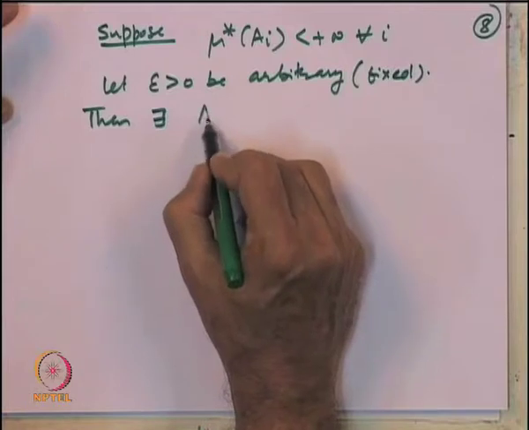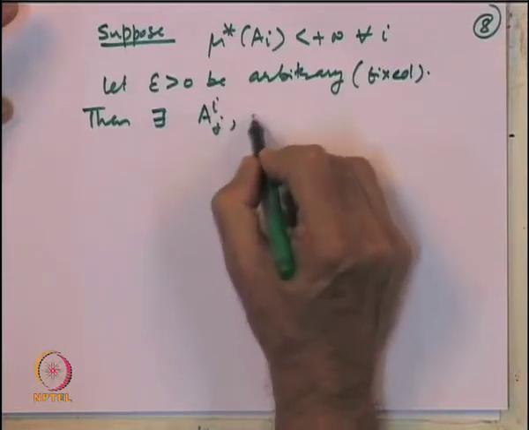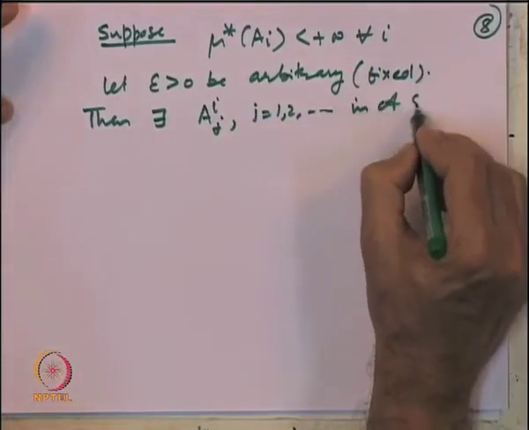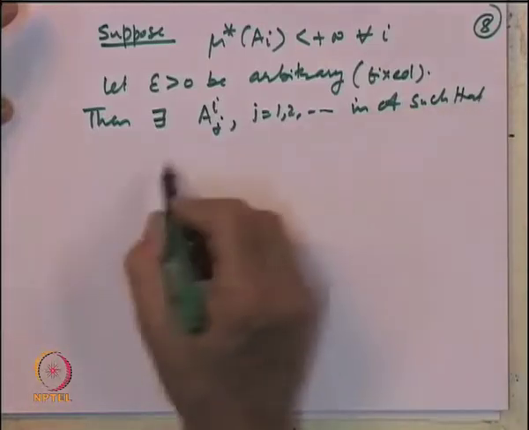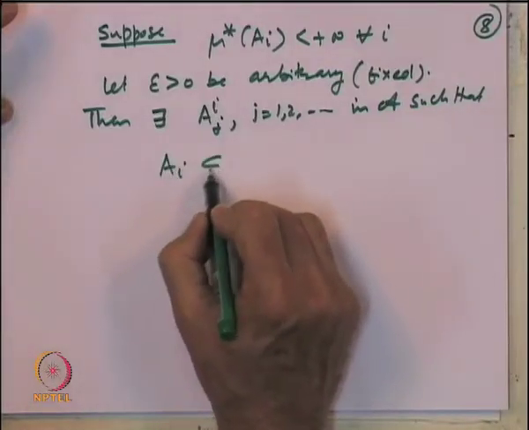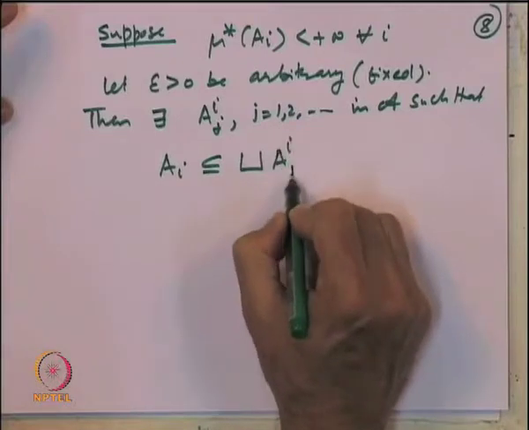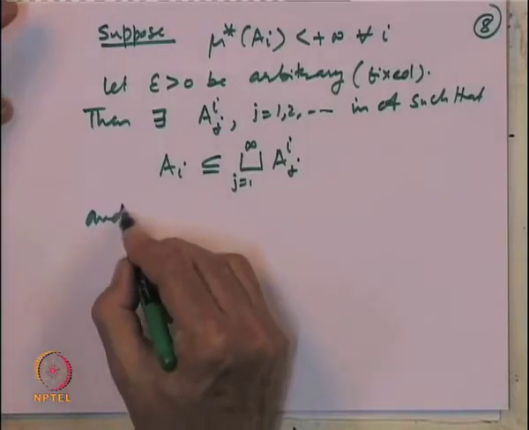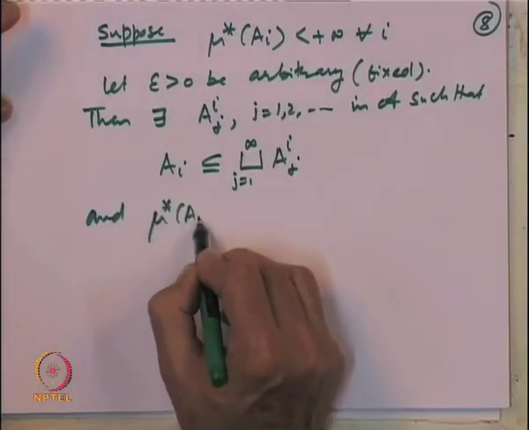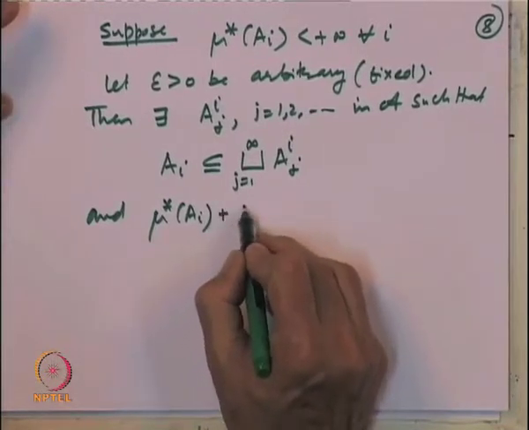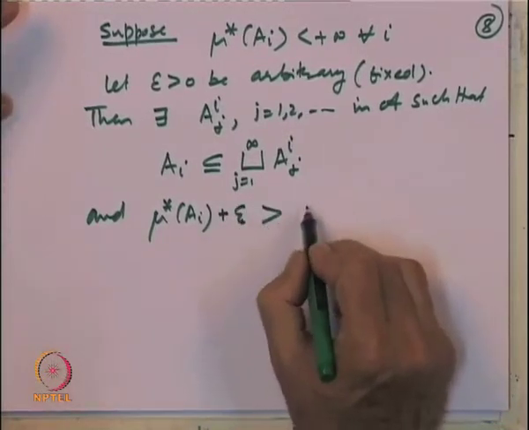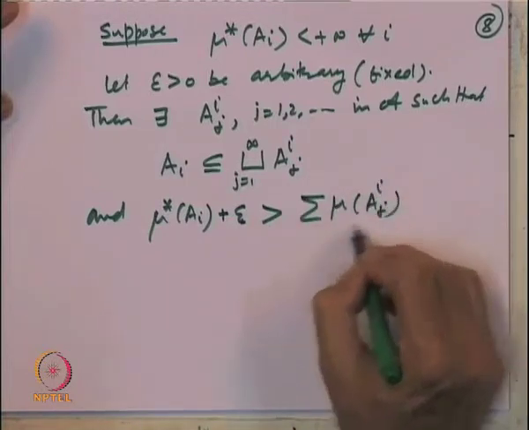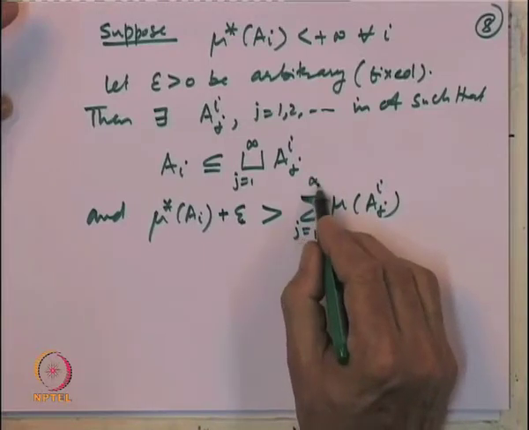So, there exist sets, say A_ij, j equal to 1 to infinity, in the algebra A, such that this A_i is contained in this disjoint union of A_ij's, and mu star of A_i, which is the infimum, if to this I add the small number epsilon, this becomes bigger than summation mu of A_ij, j equal to 1 to infinity.